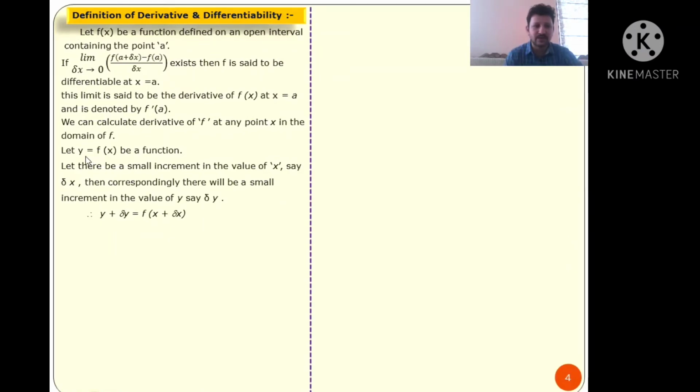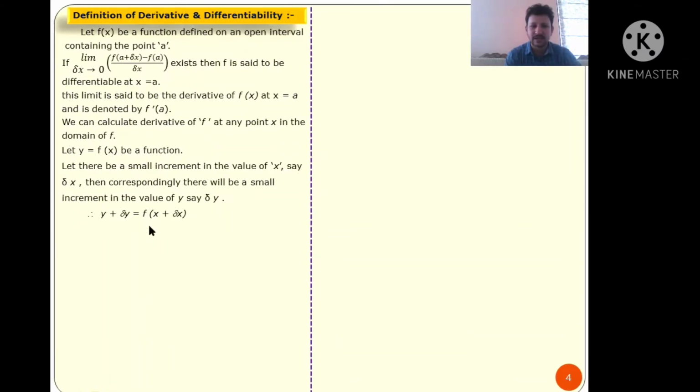Check: the function y equal to f(x) is given, the increment in y is delta y, so y plus delta y, and in the x variable the increment is delta x, so the right hand side is f of (x plus delta x).